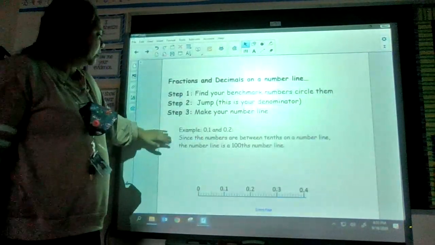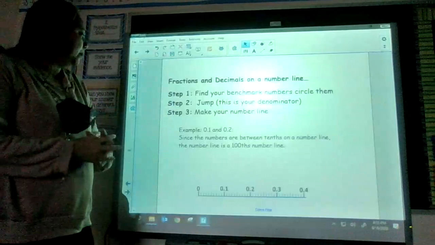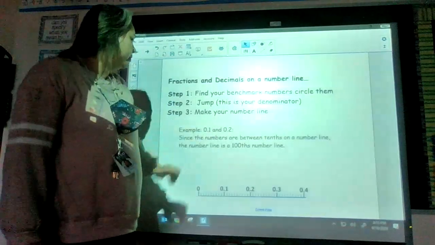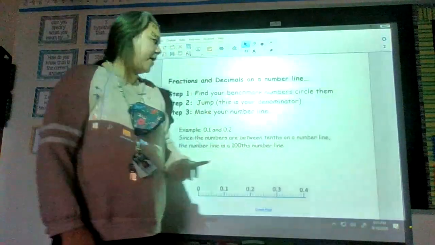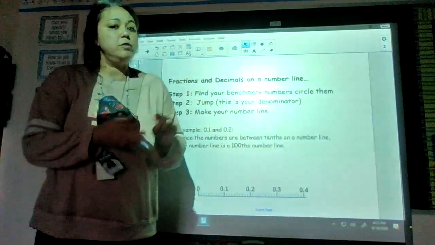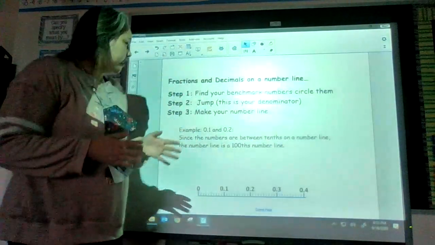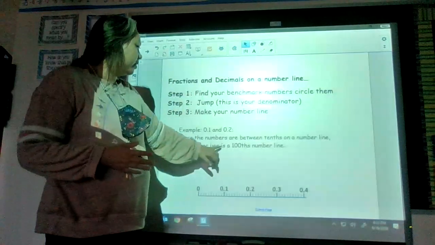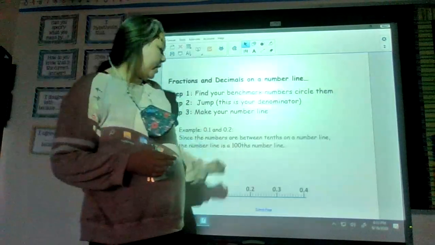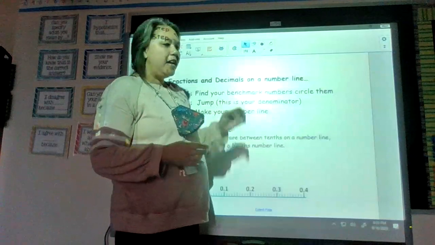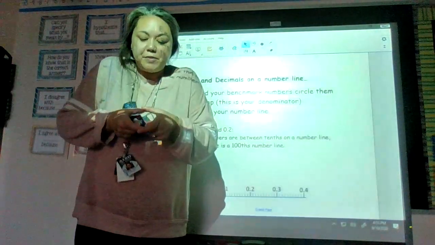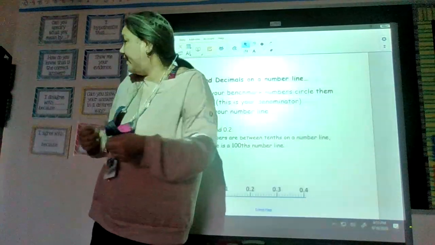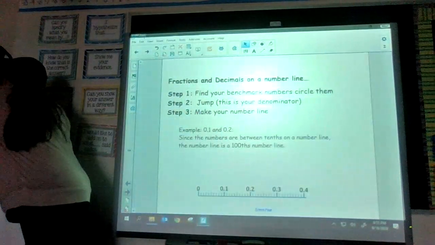So, down in your notes, example, 1/10 and 2/10. Since the numbers are between tenths, now you're used to using whole numbers. If I have something in 10 parts, and a tenth of something, and I want to divide that into tenths, I want to pull this in front of you.